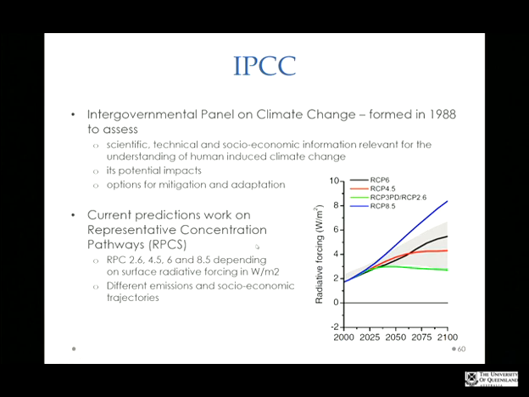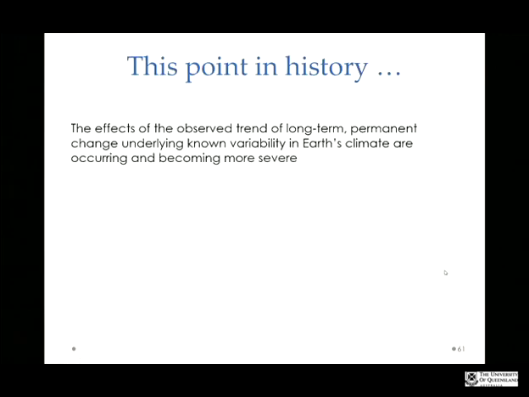They work on representative concentration pathways, which are different emission scenarios based on different socioeconomic trajectories, ranging from 8.5 watts per metre squared, which is probably about 3 or 4 degrees centigrade, down to 2.6, which is probably around 1.5 to 2 degrees centigrade. They've replaced the former ones.